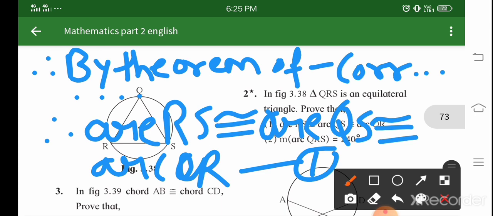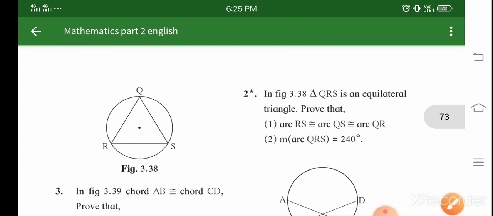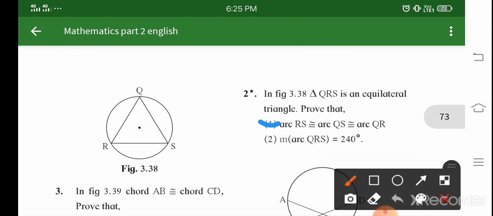Now with this we have completed question 2.1, the first one. Now what we have to prove is that measure arc QRS, this arc, should be 240.